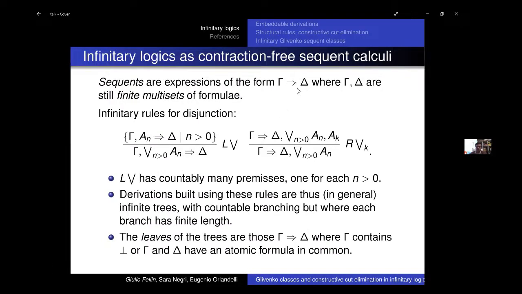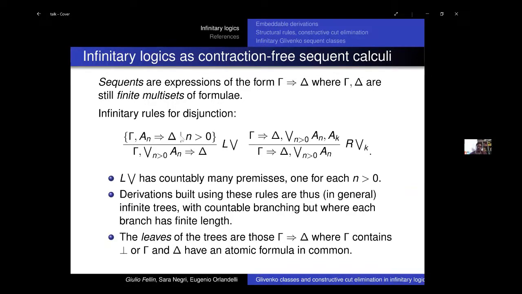So sequents, as usual, are expressions of the form gamma implies delta, where gamma and delta are finite multisets of formulae. And these are the rules that we have for infinite disjunction. So we have an infinite collection of right rules, one for each natural number, so one for each formula in the disjunction.